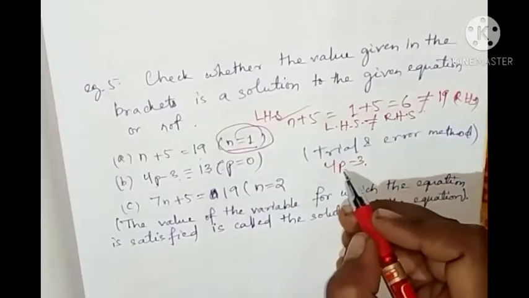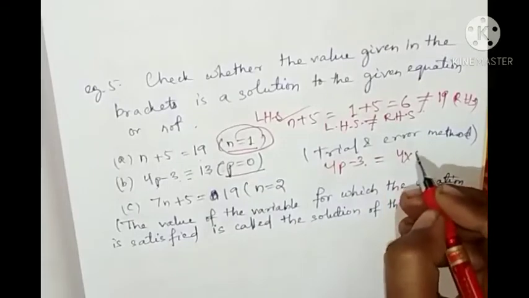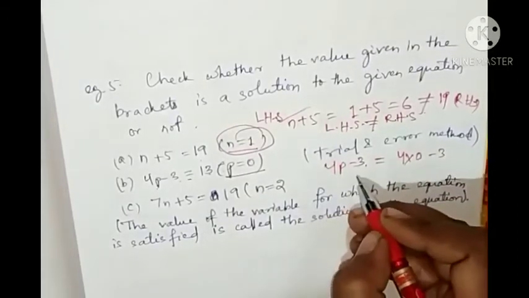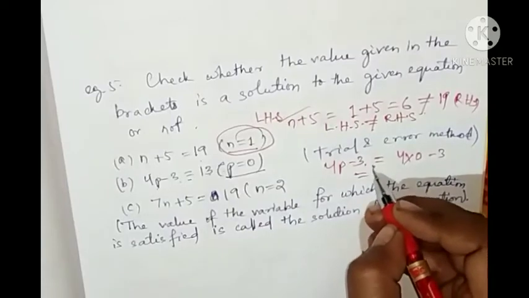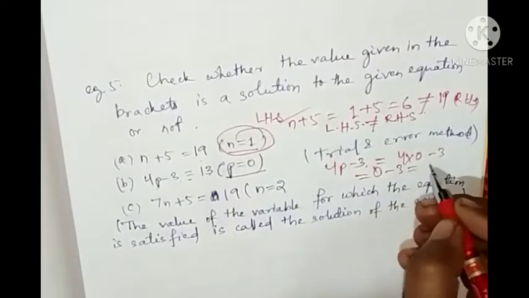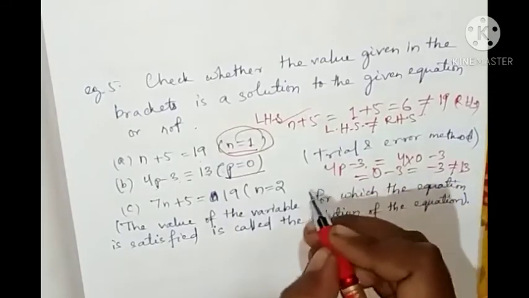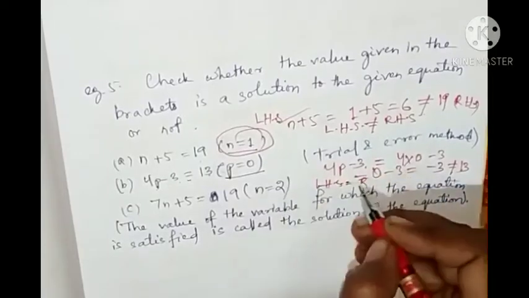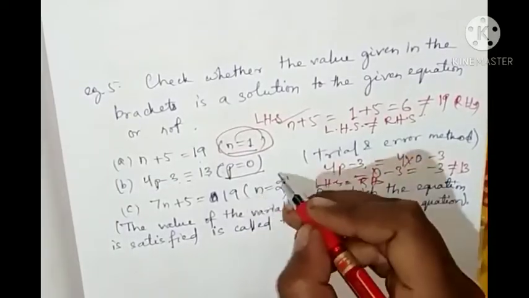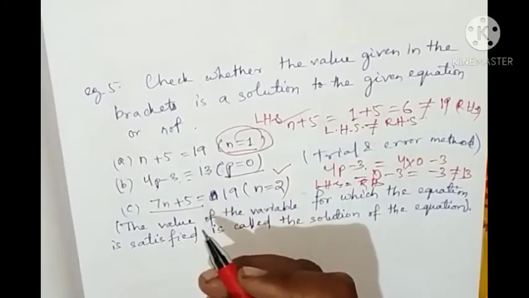So put 4 into 0 minus 3. 0 minus 3, what you are getting? Minus 3, which is not equal to 13. So here LHS is not equal to RHS. Like that you can find the value for this one also.